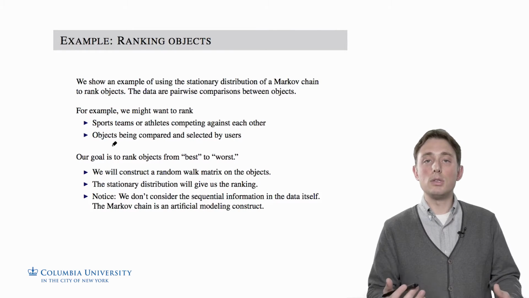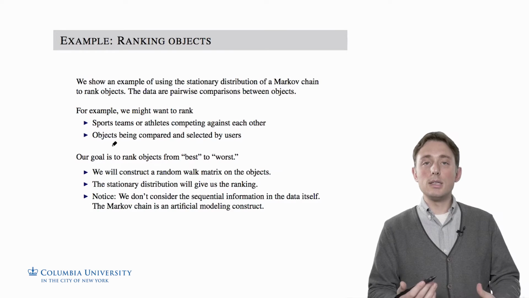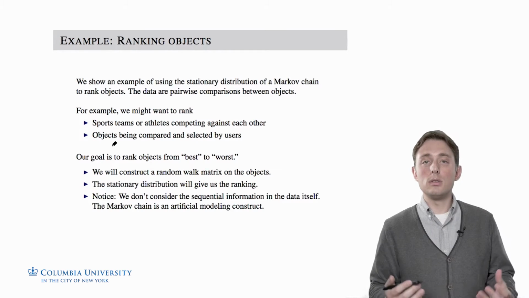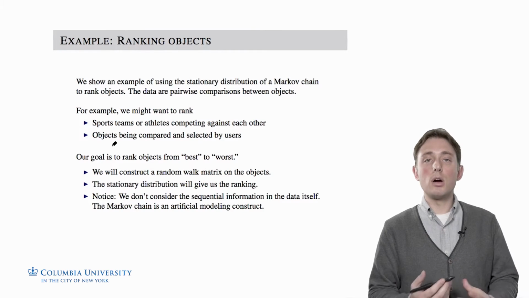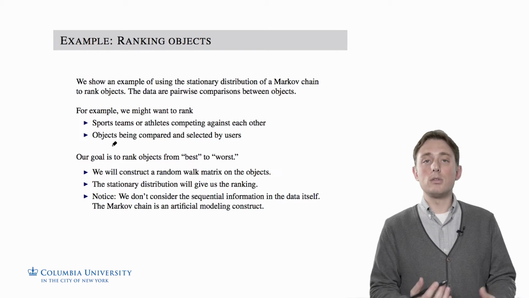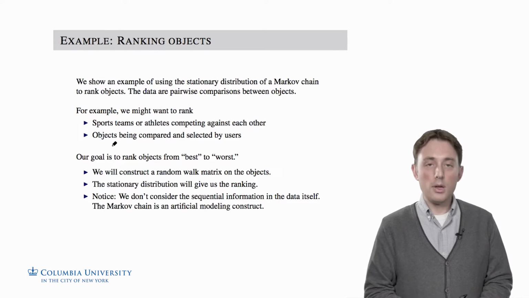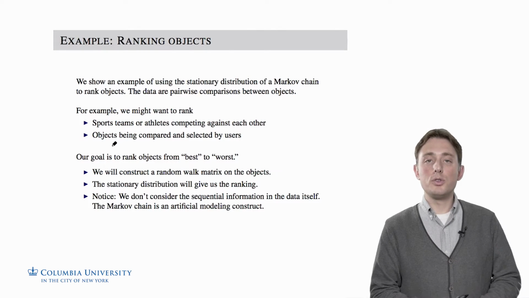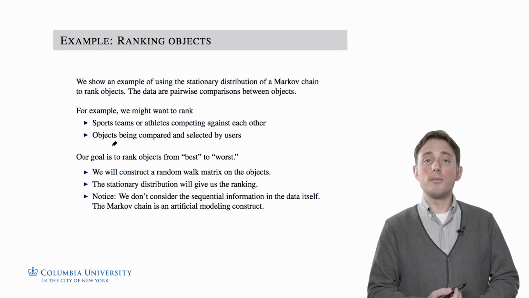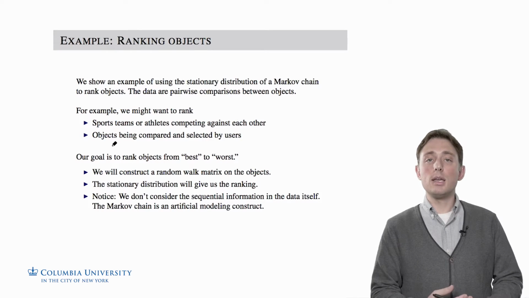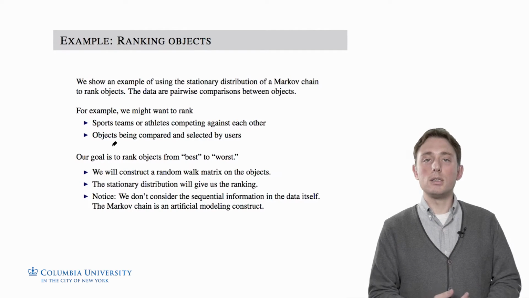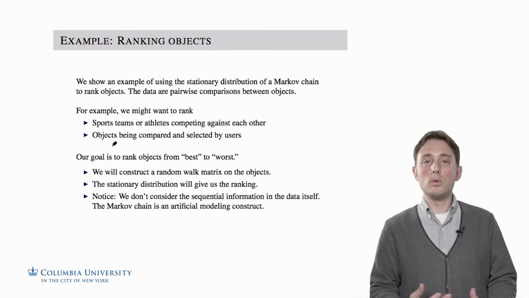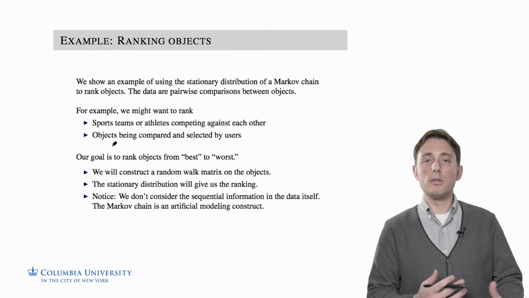So if there are 1,000 teams that exist, there are going to be 1,000 different states, and so our Markov transition matrix M will be 1,000 by 1,000. We want to construct this transition matrix so that the stationary distribution of that matrix first exists, and secondly can be interpreted as telling us who the best teams are and who the worst teams are, and also give us a degree of everywhere in between.